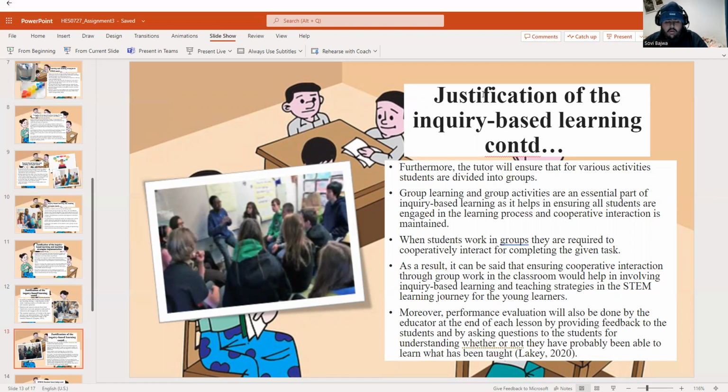When students work in groups, they are required to interact cooperatively to complete the given task. As a result, ensuring cooperative interaction through group work in the classroom would help in involving inquiry-based learning and teaching strategies in the STEM learning journey for the young learners.